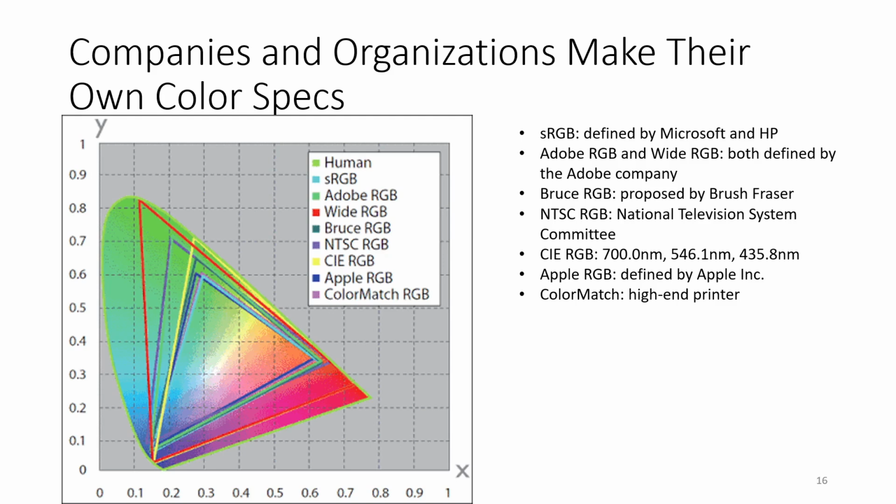It means different companies have their preferred color gamut. So this is our human. Our human eyes can sense all colors in the color gamut.